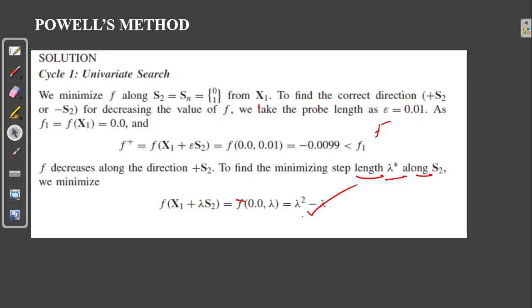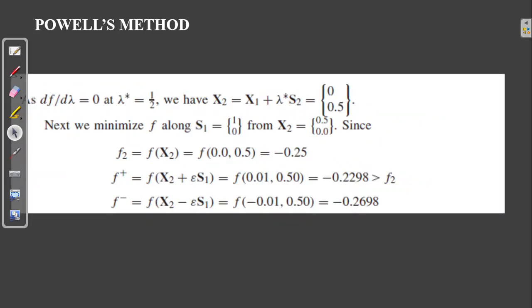In order to get lambda star, the optimum solution, we use Newton's method, that means df by d lambda equal to 0 and d square f by d lambda square greater than 0. Why? Because then only the lambda will be a point of minimum function value.